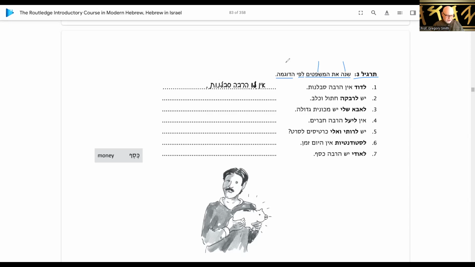Okay, yeah, change. That's right. שנה את המשפטים לפי הדוגמה. Yeah, according to. Now this lefi here is according to, and then hadugma would be like the example. So change the sentences according to the example, okay, so how do we change here?